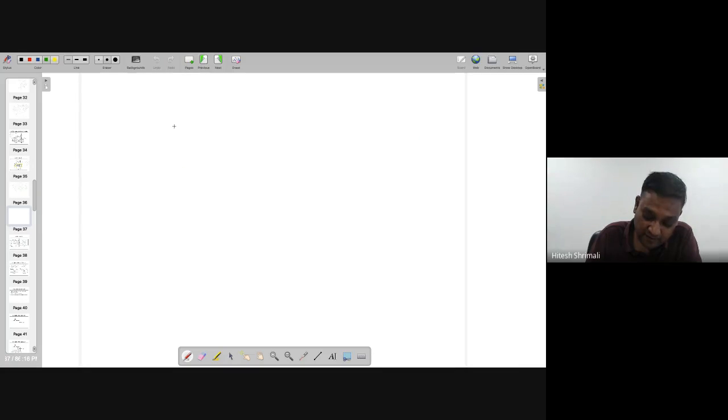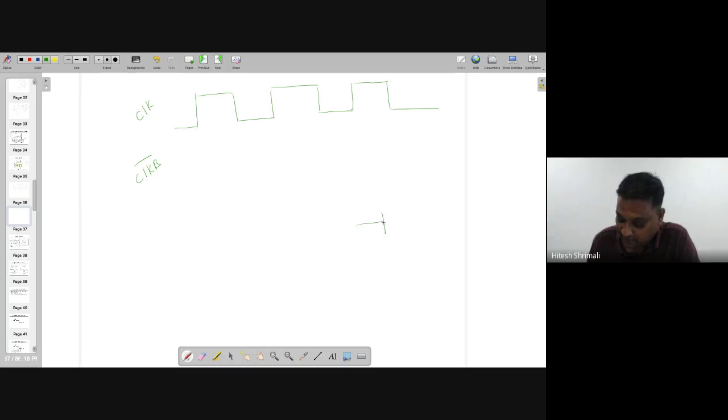Look, maybe I want to have something like clock and clock bar. Now, till now you must have understood that if I give 0 as an input, there might be the possibility that the output is 0. Why?